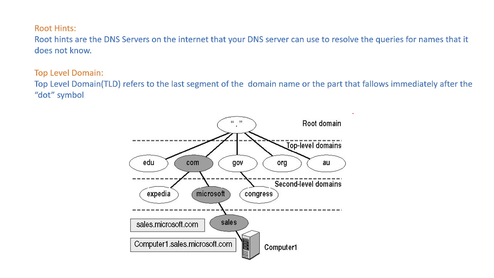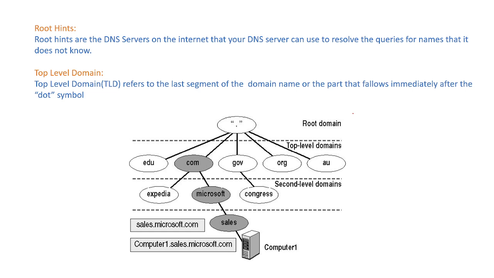Root hints are the servers on the internet that your DNS server can use to resolve queries for names that it does not know. Means you are working in Microsoft.com, correct? Our website has only Microsoft.com now. But if you are trying to browse something else, say for example, consider we have Facebook.com as your domain name, but you are trying to resolve Microsoft.com.